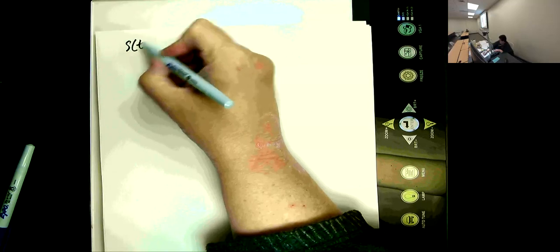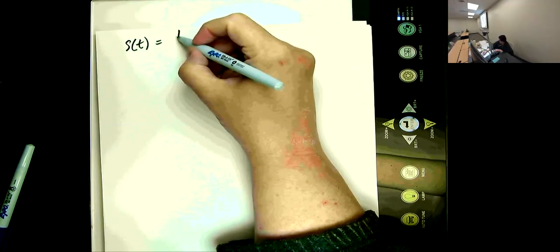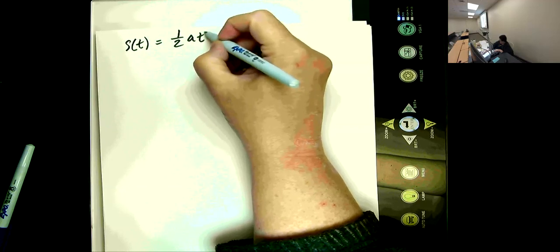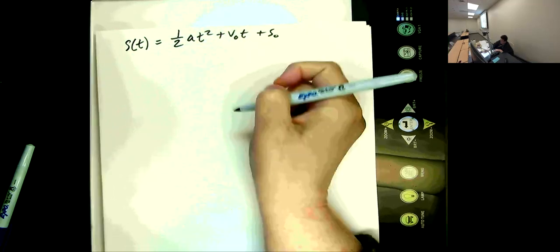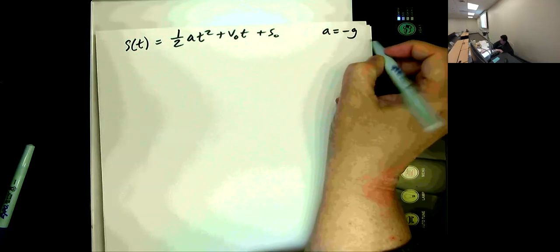We also had, I actually just gave you this a little bit ago. I realized I had my notes later on. I wrote it as 1/2 at squared plus v naught t plus s naught. Where for us, a was negative g. This was the height problem.